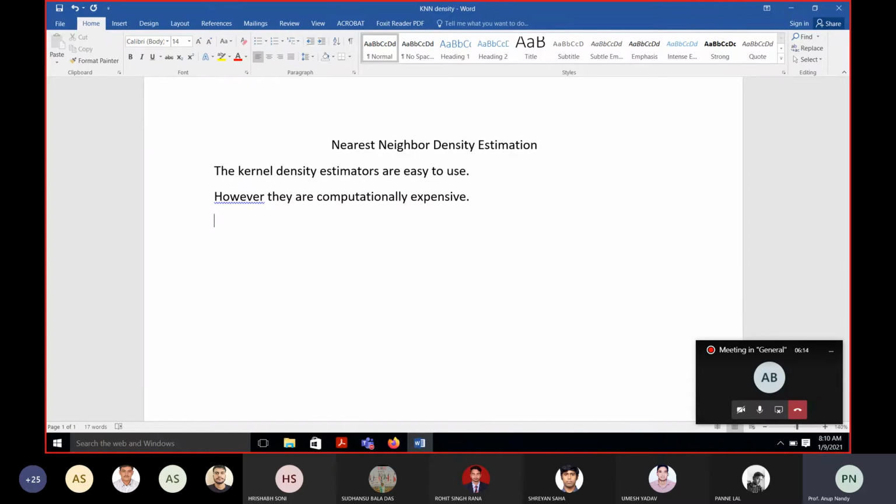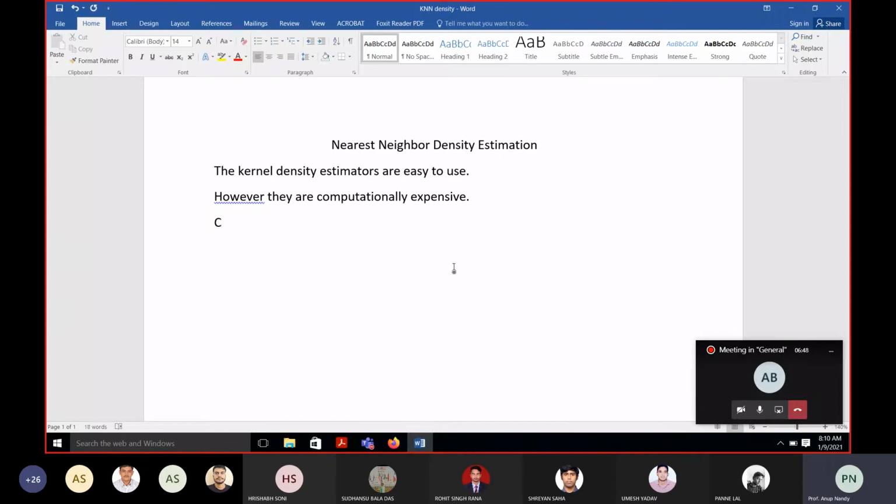But if you have n1 samples, to fit them you need n1 distributions, because for each sample you need a window function, the function of x minus x bar by mu that you have already seen. For n1 samples, you need to model n1 distributions. That is why it is computationally expensive.